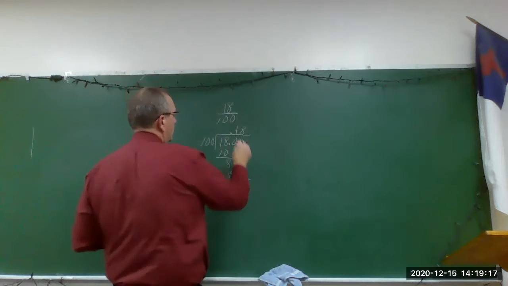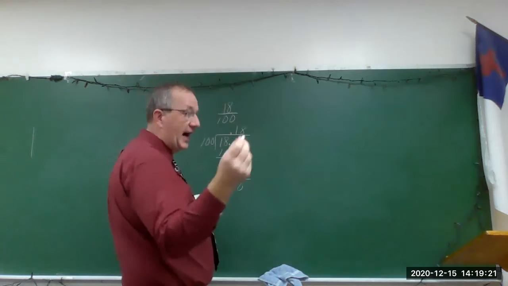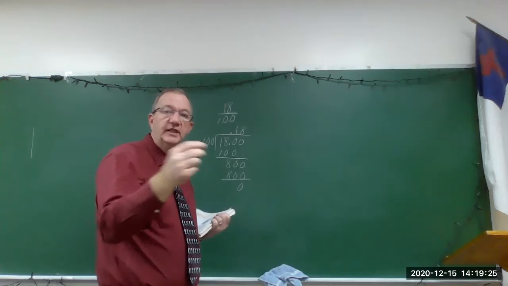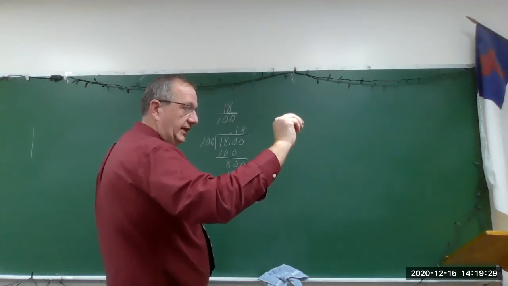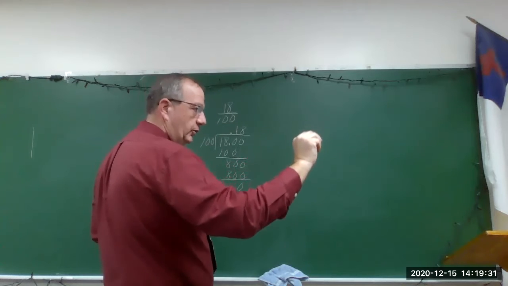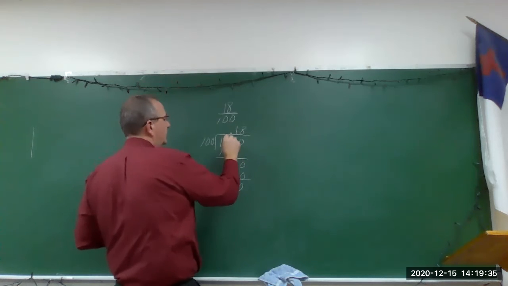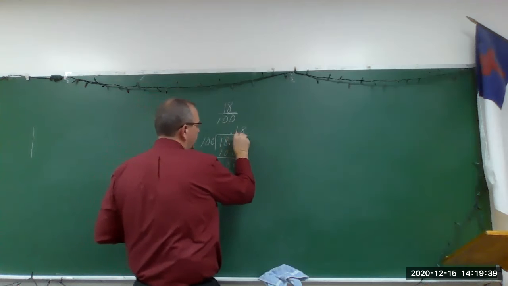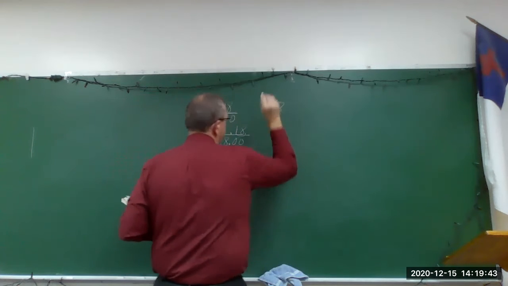And because it's 0.18, to change it to a percentage, we do the opposite of what we do when we change the percentage to a decimal, because when we change a percentage to a decimal, we move the decimal point 2 places to the left. In this case, in order to change this to a percent, we're going to move 2 places to the right, so it's going to be 18%.